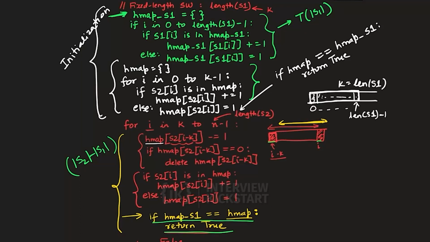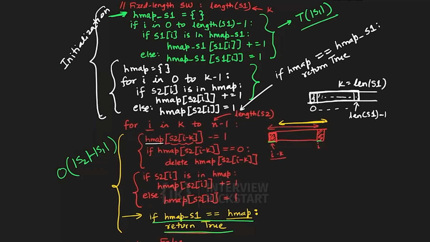So this check is going to compare the keys in both hash tables to see if they are identical or not. Since we know that there are only 26 possible keys, since the keys can only be lowercase letters, it's basically a constant time operation. So the whole thing here is going to take time order, say the length of S2 minus the length of S1.